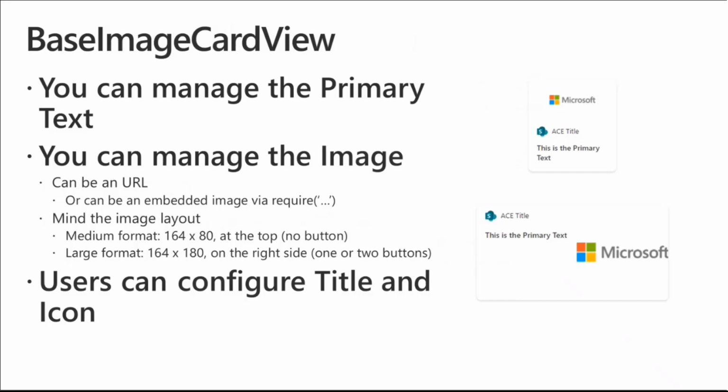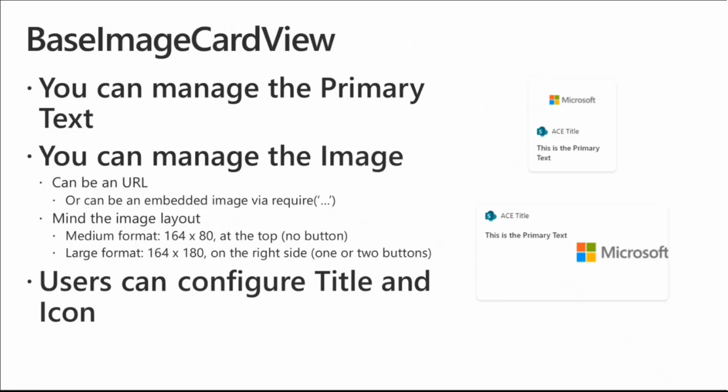You should also keep into account that when you configure the rendering of your adaptive card to be with medium or large size, the behavior of the rendering of your image will change. In fact, in the medium one, the image will be rendered at the top, and the size will be the one you see here, 164 by 80.